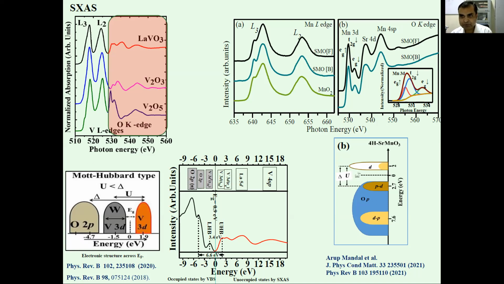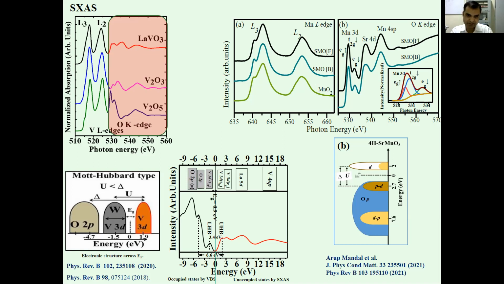So just by probing this t2g state feature as well as the eg state feature, the separation between these two energy states will give us information about the crystal field splitting, number one. Number two, you can also note that the higher the unoccupancy, the higher will be its intensity. So it's not unlike photoelectron spectroscopy.